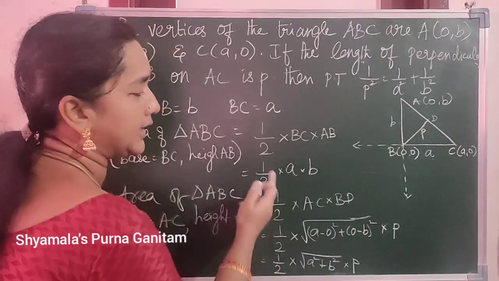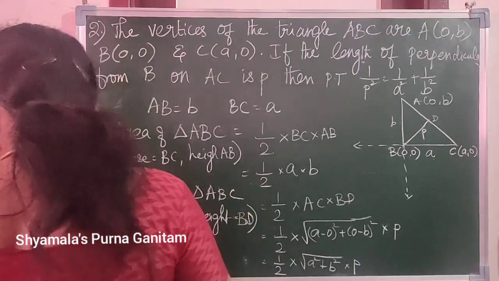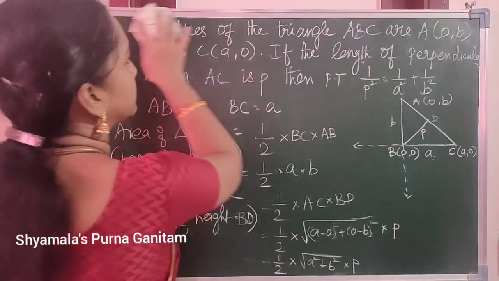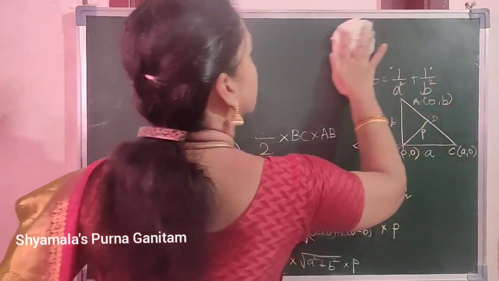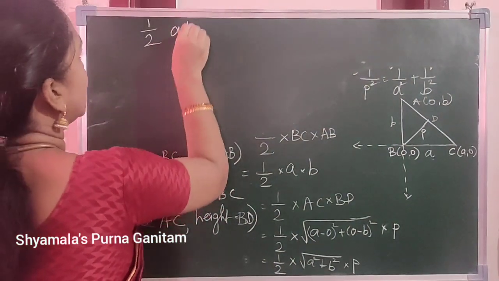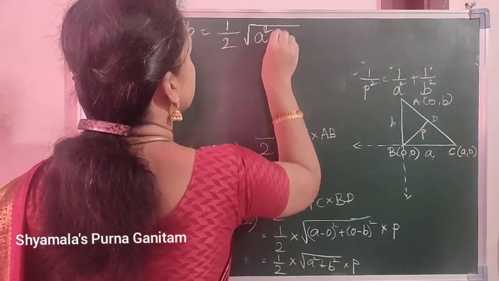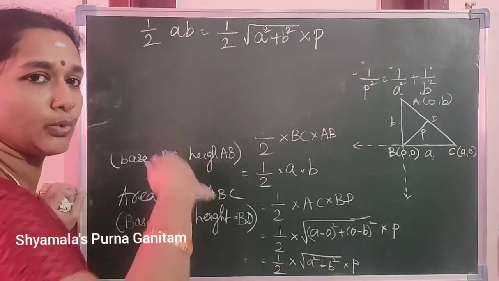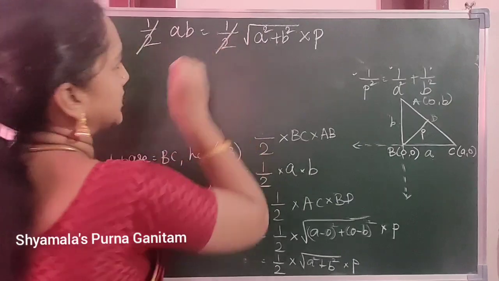So these two areas will be the same, and we can equate them: half AB is equal to half root of A squared plus B squared into P. Both the areas are equal, so half will get cancelled.